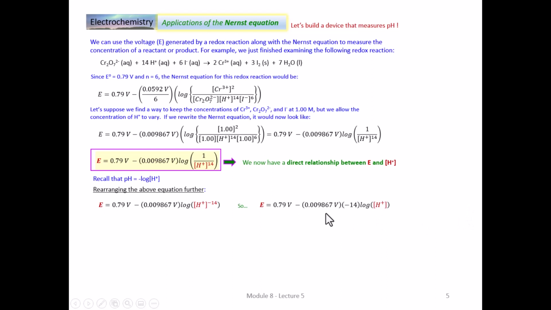And remembering the properties of logarithms, this power of minus 14 can be brought out front of the log term, so I just did that there.